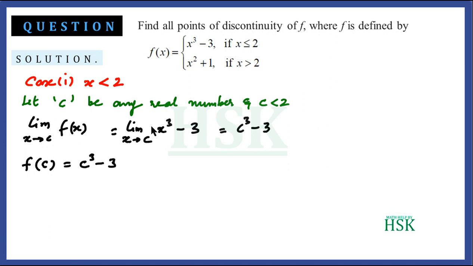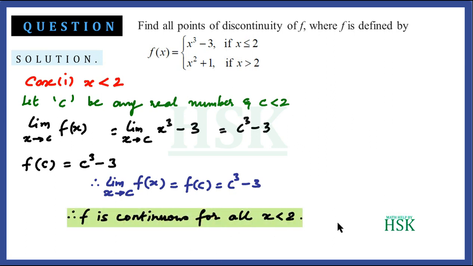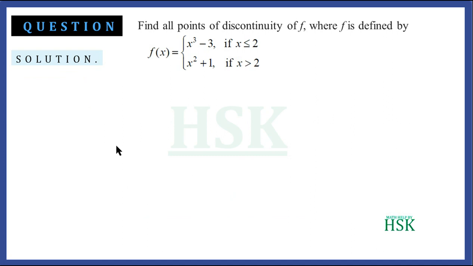Okay, and you can easily see that this function f(x) takes the value x cube minus 3 in the interval x is less than 2. So this gives me that limit of x tends to c for f(x) is equal to f(c) is equal to c cube minus 3, and this is valid for all the values of c less than 2. Therefore f(x) is continuous for all the values of x less than 2.